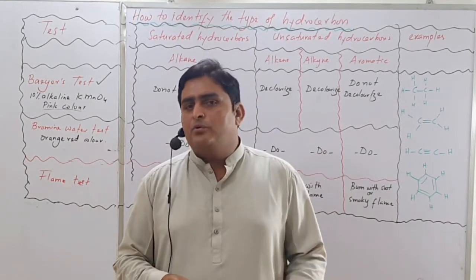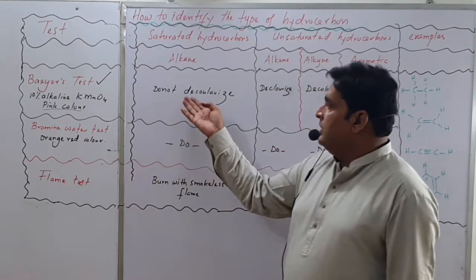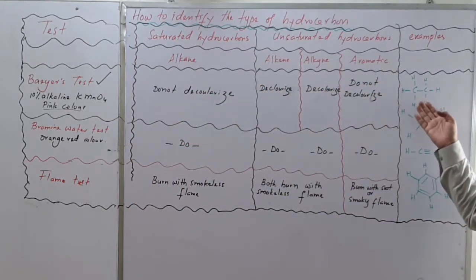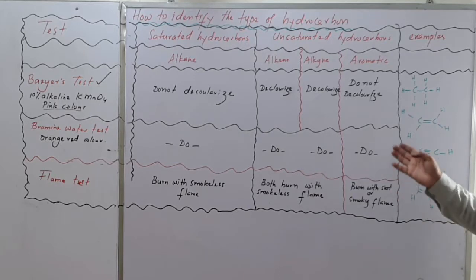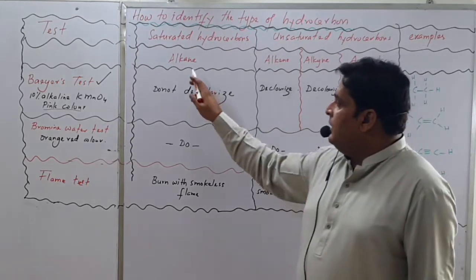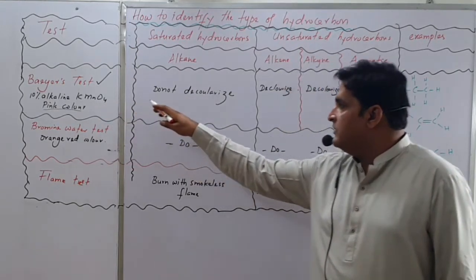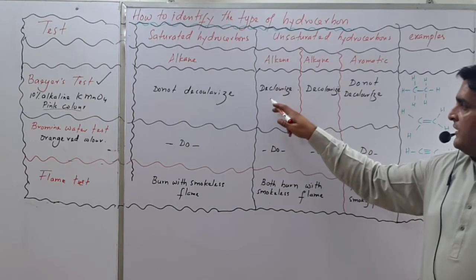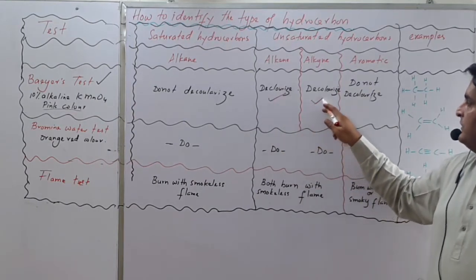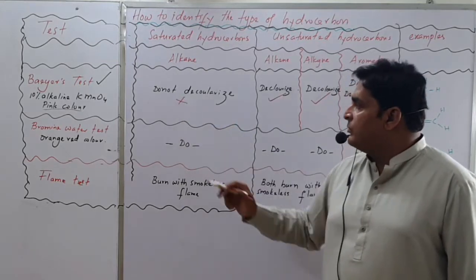But when we put some drops of Bayer's reagent in an alkane or in benzene, what would happen? Alkanes do not decolorize the pink color of Bayer's reagent. Alkenes do decolorize, they give positive, but aromatic compounds and alkanes do not give this test.